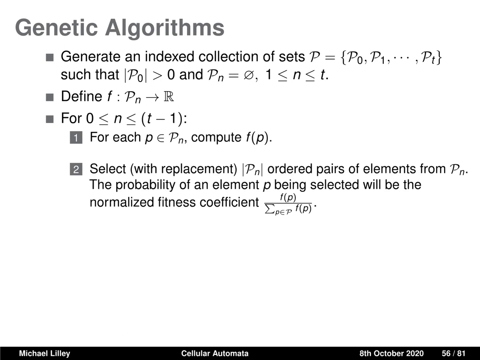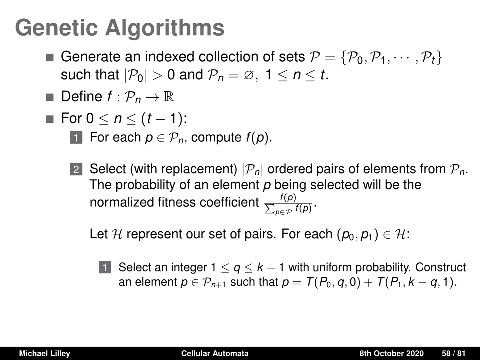Next, we'll select with replacement the same amount of ordered pairs of strings from the population as there are elements in the total population. So, if we have 100 elements in a population, we'll select 100 pairs of those elements. The probability of an element being chosen is equivalent to their normalized fitness coefficient. We call this genetic selection.